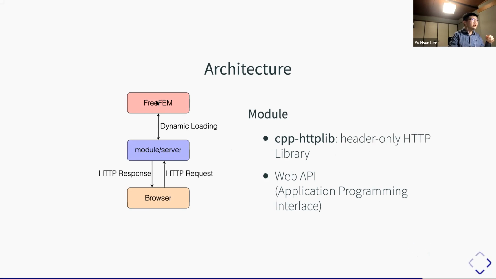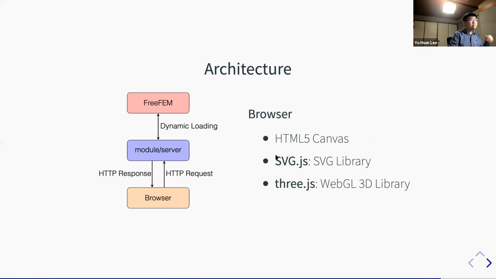You can just directly activate your FreeFEM with our module, then connect to the visualization interface by the browser. In the browser part, we use an HTML5 canvas for visualization and also SVG. And for 3D, we use WebGL with the three.js library, which is very popular and has a long history in web browser 3D visualization.